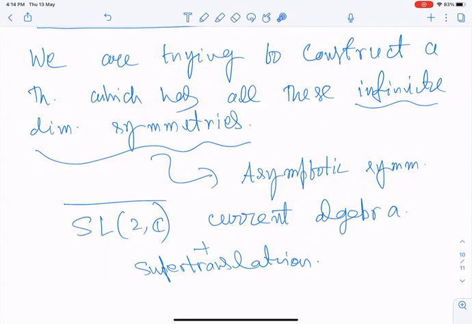Okay. So basically, you could have asked the same question: if you want to construct a theory which has a super rotation as a symmetry, then of course what you will get is a conformal field theory. Now, is that holographic in what sense?